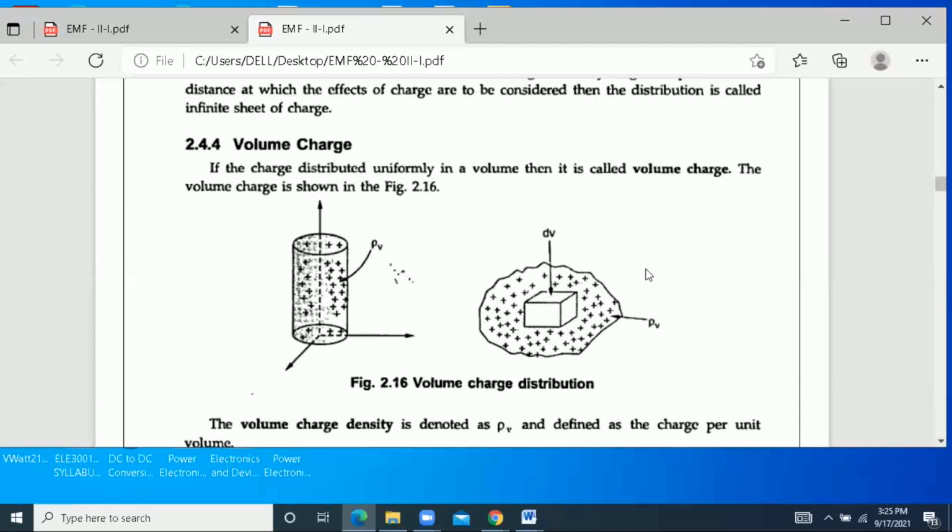In the line charge you have rho L, in the surface charge you have rho S, and in the volume charge it's rho V. So this is given in coulombs per volume, or meter cubed. So one is coulombs per meter, the surface is coulombs per meter squared, and the volume is coulombs per meter cubed.